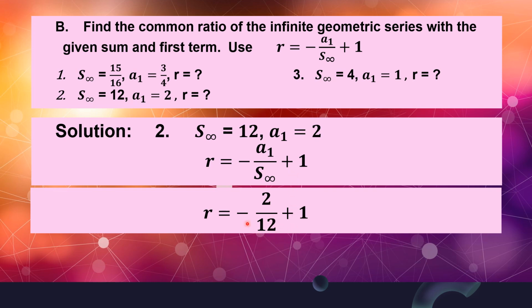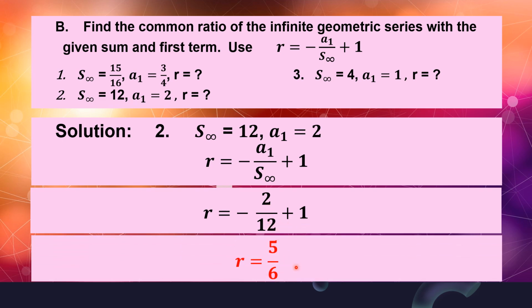Simplifying this, negative 2 over 12 plus 1 is equal to positive 5/6. Thus, the common ratio of these two is 5/6.